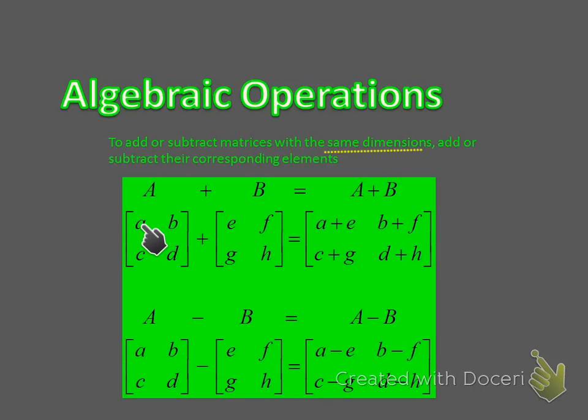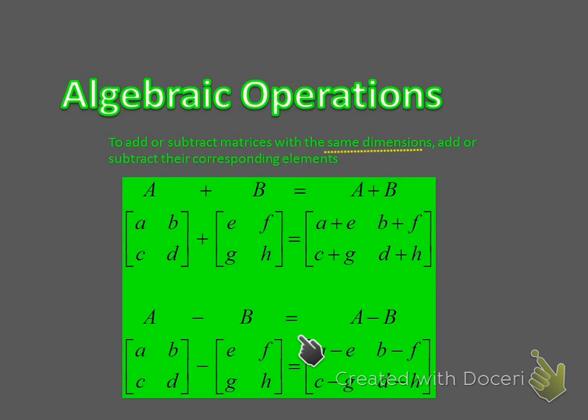Like in the example down here, big matrix A plus big matrix B. A has the variables a, b, c, d, whatever numbers they may end up being, and B is the same way with e, f, g, h. To add them together, you add this one with this one to make that one, this one with this one to make that one, and then the same for the bottom. This one plus this one, d plus h, to make d plus h.